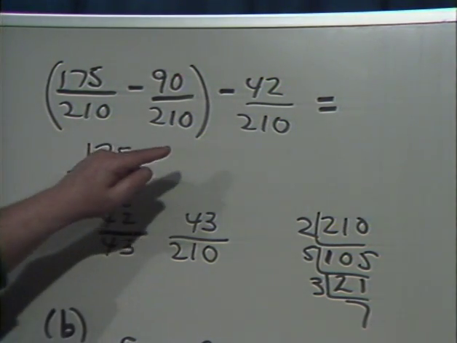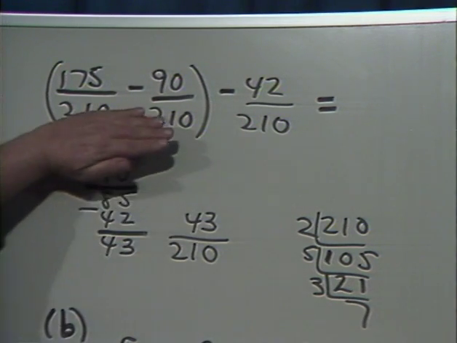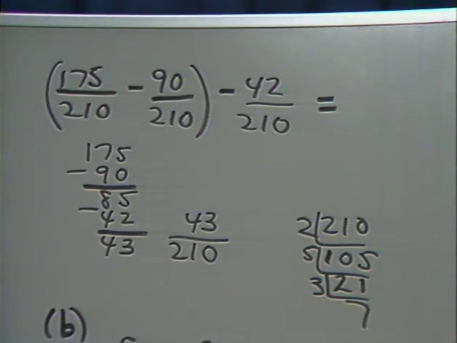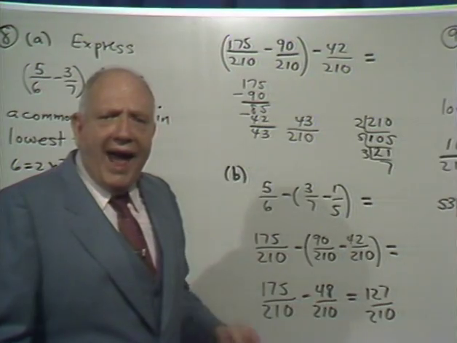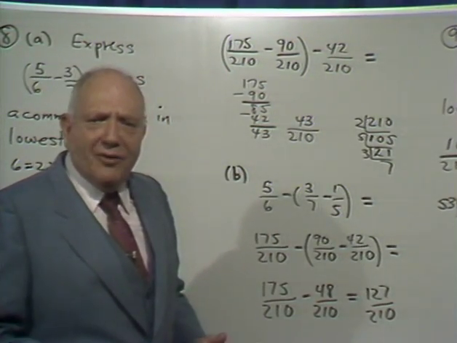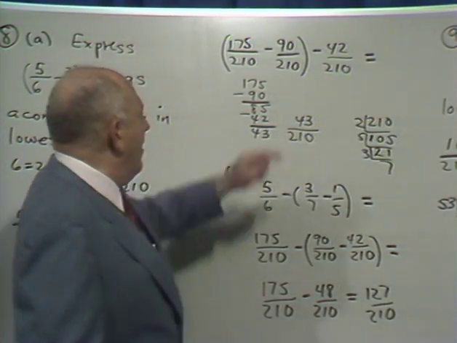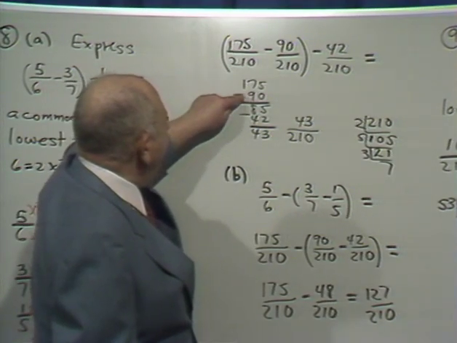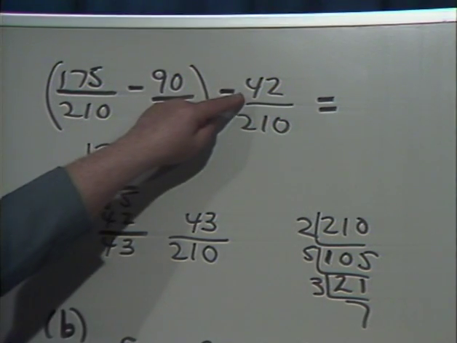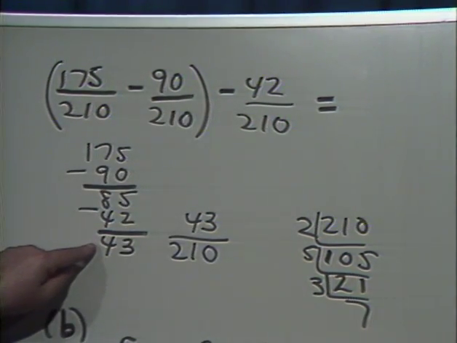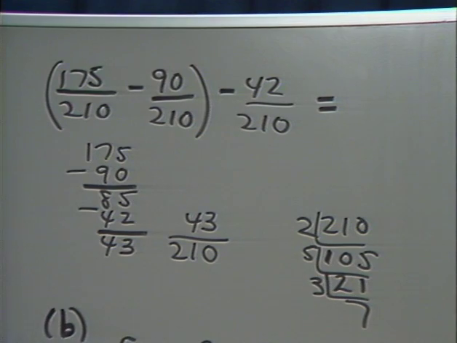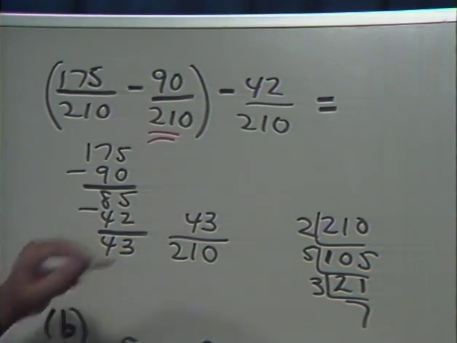Now I do everything inside the parentheses first, and since I have a common denominator, I can just work with the adjective. You can add and subtract ignoring the nouns as long as all the nouns are the same. So 175 minus 90 is 85. Then I subtract 42. That gives me 43. 43 what? 43 over 210.